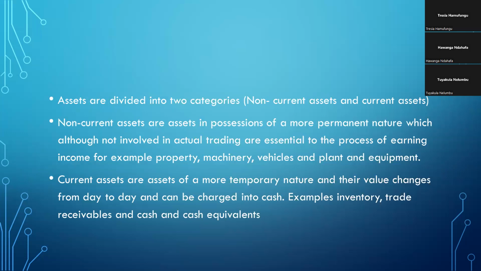For example, we have property, machinery, vehicles, and plant equipment. Current assets are assets of a more temporary nature and their values change from day to day and can be changed into cash. Examples are inventory, trade receivables, and cash equivalents.